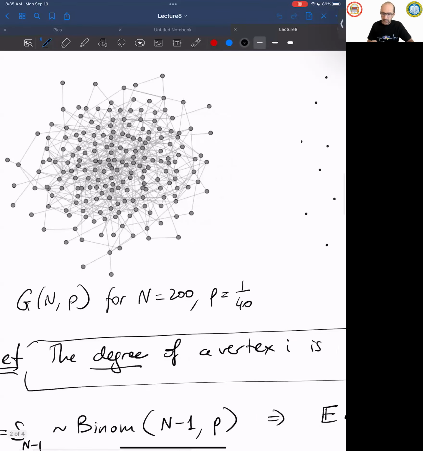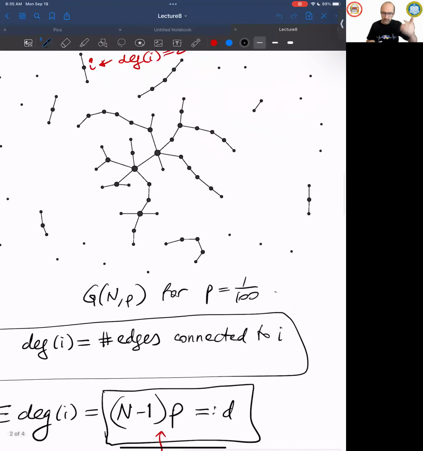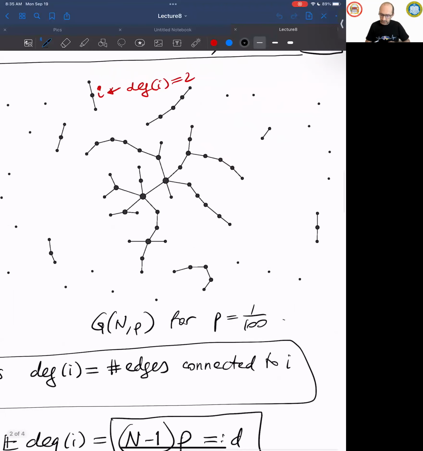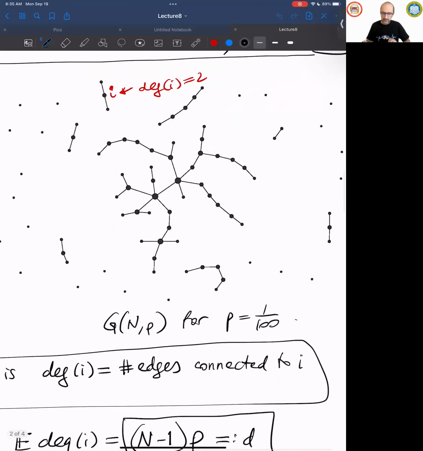And here's what happens if P is about three times smaller, I think, or twice smaller. Some vertices are isolated, and some vertices form hubs. And there are very interesting trees growing out of this, and there are no cycles. And you can ask all these questions, right?